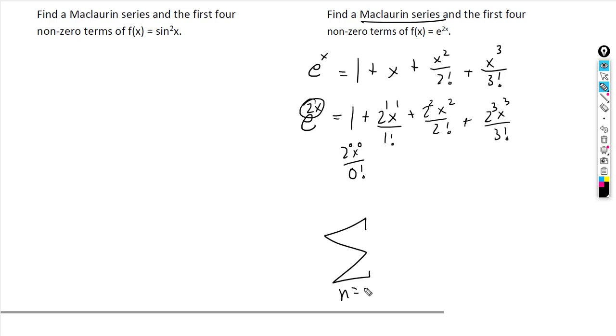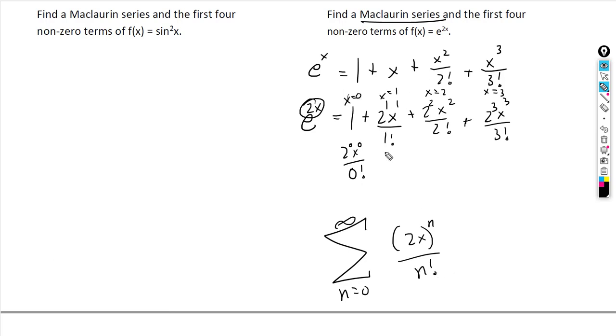Okay, so I get n equals 0 to infinity. Always going to start at 0, always go to infinity. For e to the 2x, hopefully we can see a pattern, and it's the values 2x to the n power. Okay, this is x equals 0, this is x equals 1, x equals 2, x equals 3. So 2x to the n power over n factorial, because that 0 is 0 factorial, that 1 is 1 factorial, that 2 and 3 are 2 and 3 factorials.